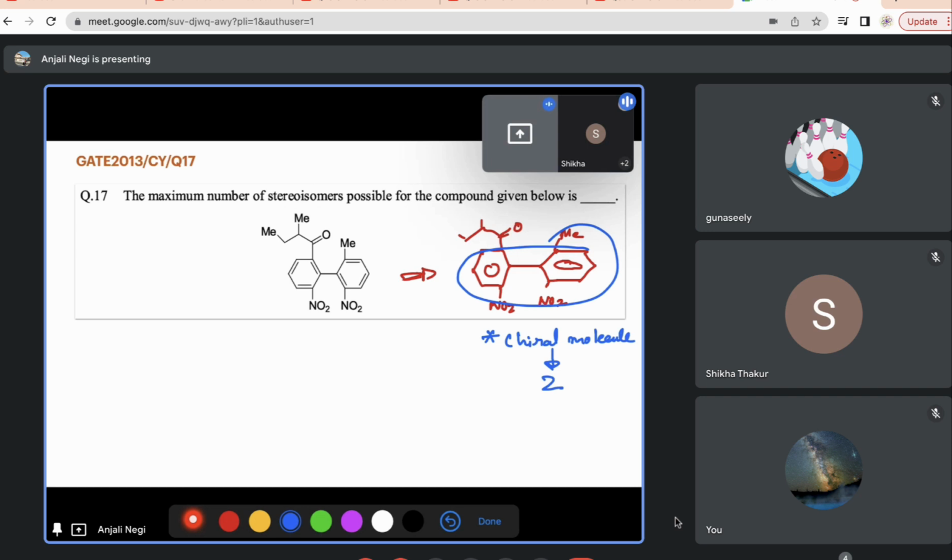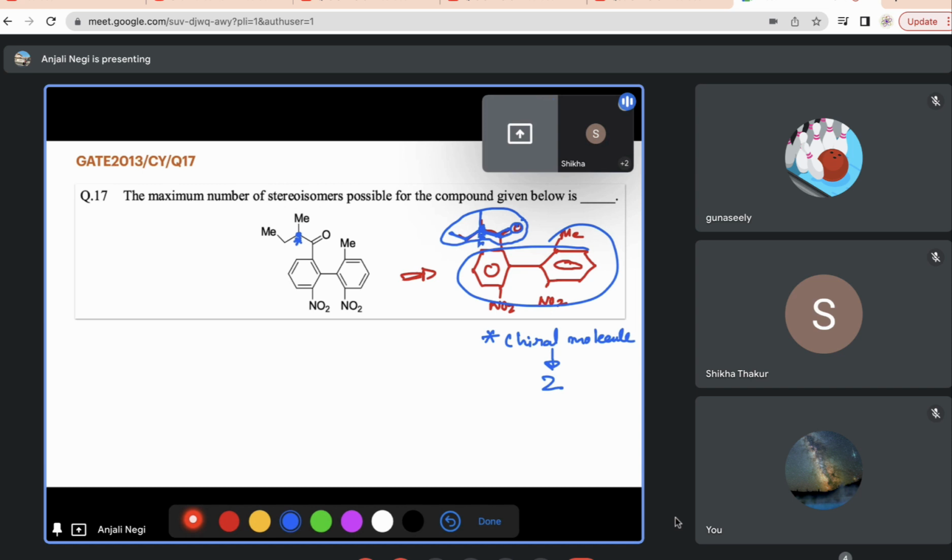And the other group that is present here, the bulky group, we see that there is one chiral carbon present, which is this carbon, having one methyl here and another group here, and this group is again different, and we have one hydrogen there.